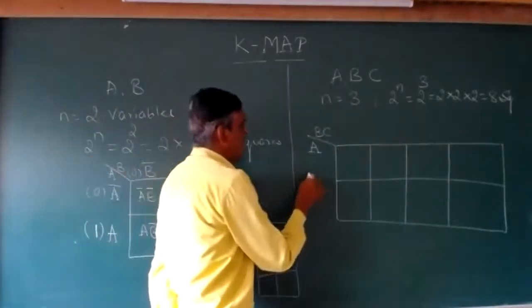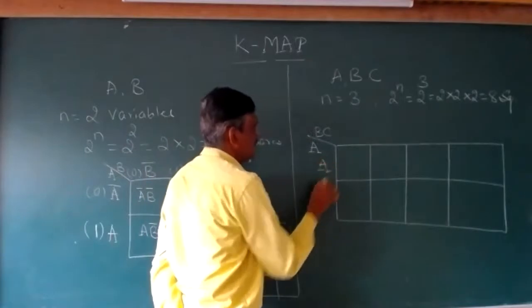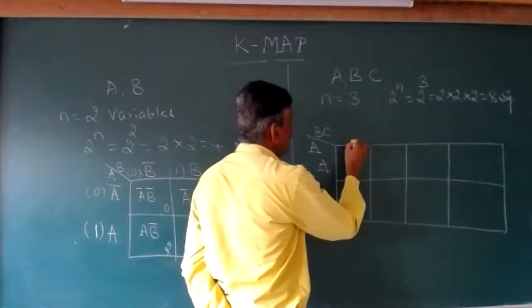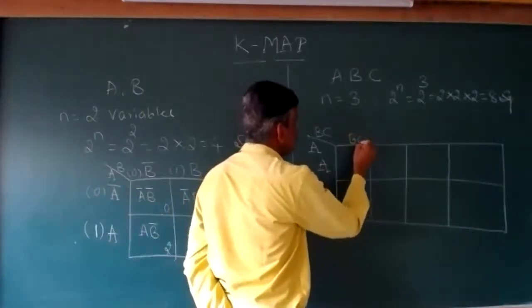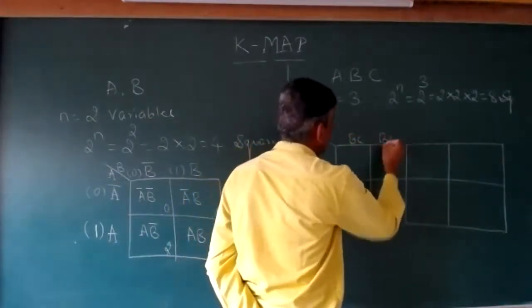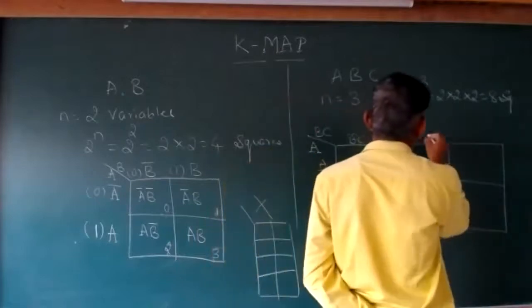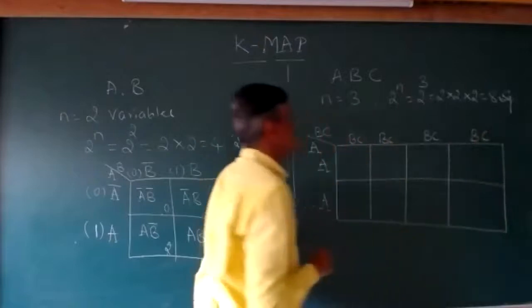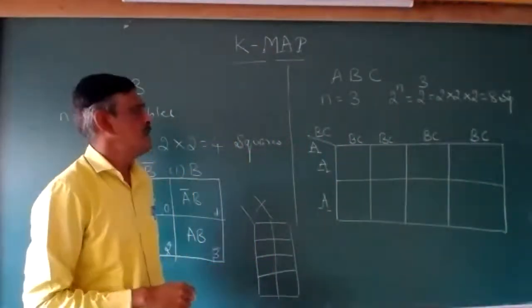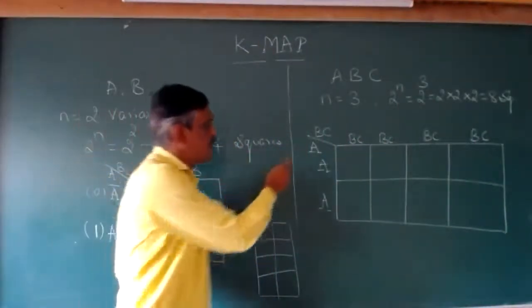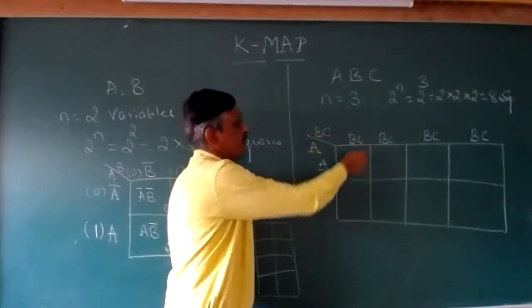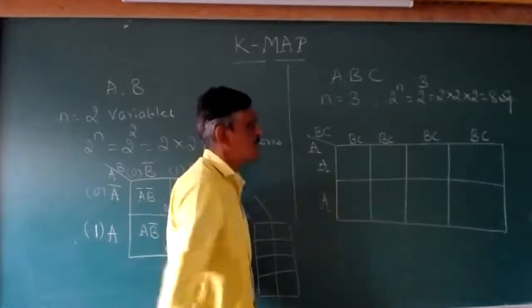For that, I write it as A, then this side BC, BC, BC, and BC. Here then, first variable is representing rows, and remaining 2 variables are representing columns.